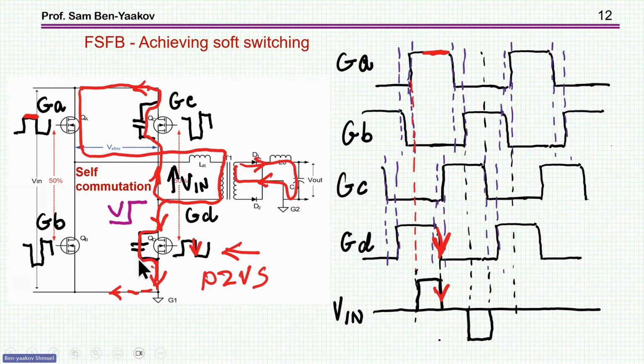I'll talk about it a little bit later, because it has to do also with this inductor. But at this point also, it's important to understand that you can lose this pseudo zero voltage switching if there isn't enough current at the secondary, which is reflected to the primary and responsible for charging these capacitors.